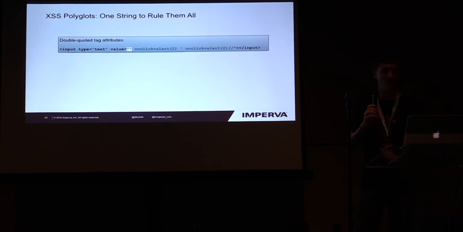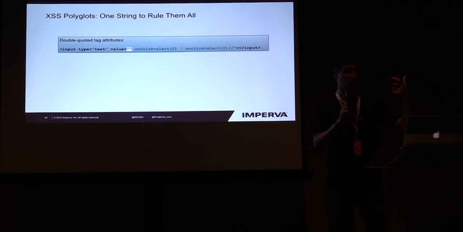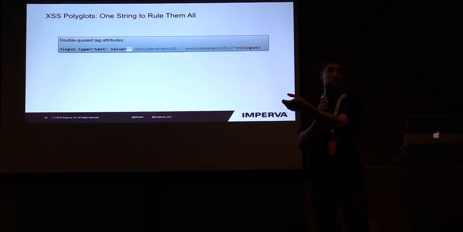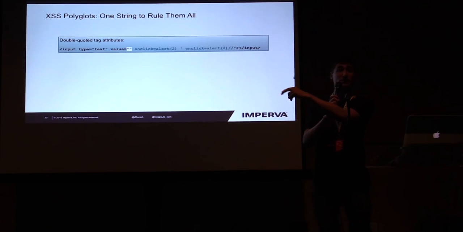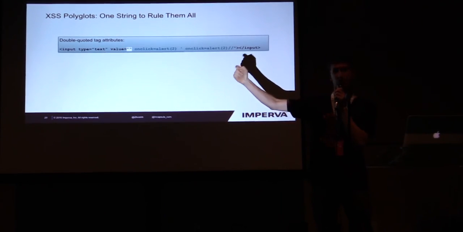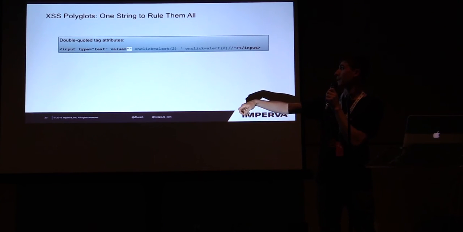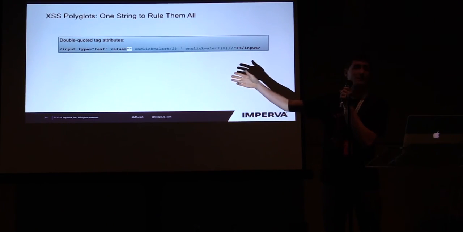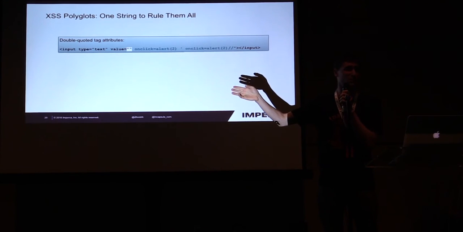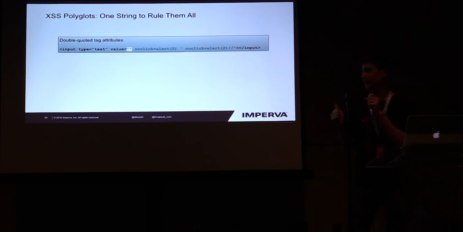If we insert our polyglot here, then the double quotes of the value would end right away, as you see in the white square. And then we would have twice the same event handler, onclick equals alert 2. Okay? So the second one would just override the first one, and we are good. We have an event handler, and an alert would be popped.